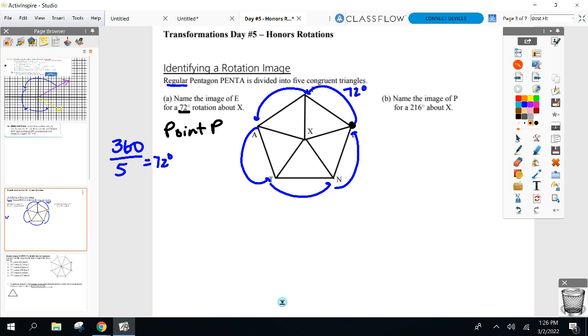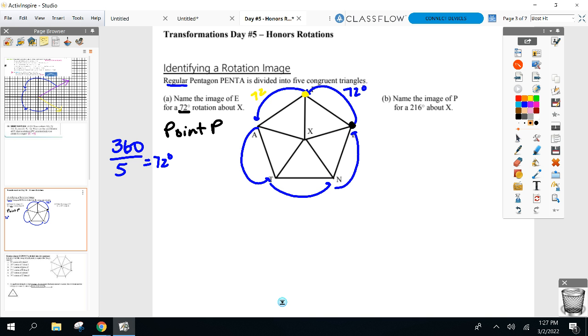All right, let me try to up the level here. Now I want to rotate 216, but I'm going from point X now. I'm sorry, point P. It's around X. So if I start at point P and I go 216 degrees. Well, you only gave me 72. All right, watch. Here we go. Use your calculator. From P to A is 72.